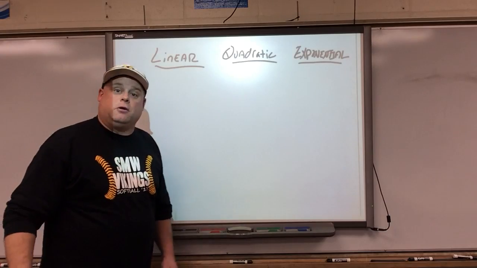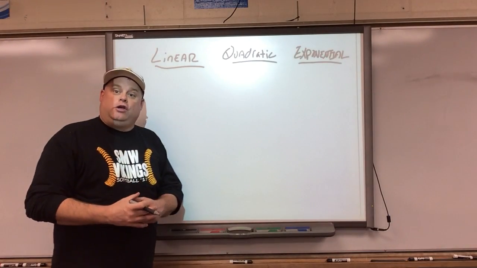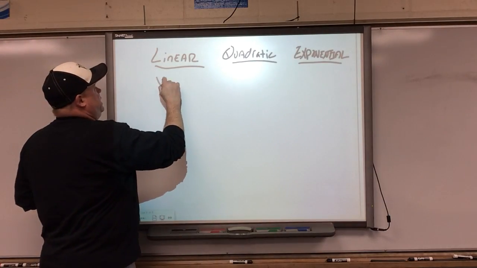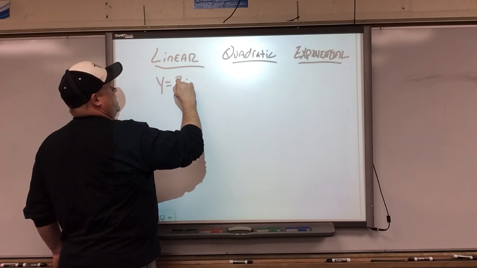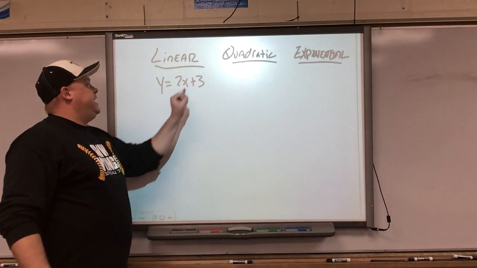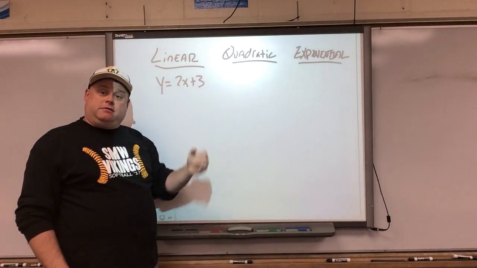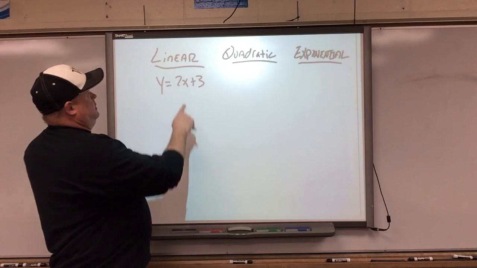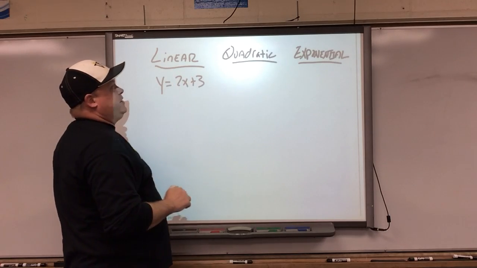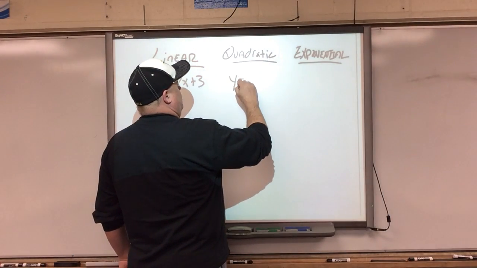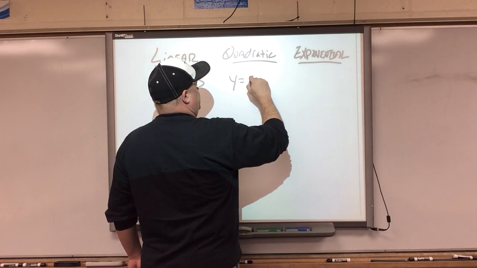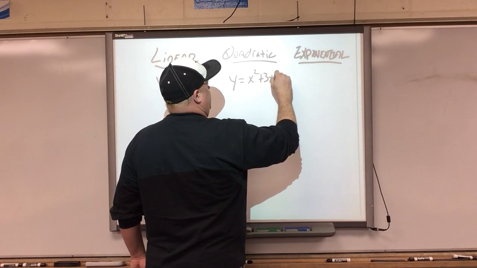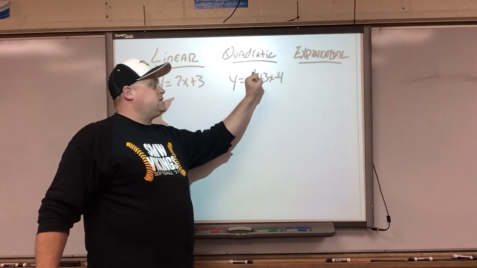Right? Remember, linear is just like y equals 2x plus 3. The x is only raised to the 1 power, right? You don't see any power, right? When we don't write it, it's a 1. So there is no power. Quadratic would be like y equals x squared plus 3x minus 4. It's got a square term.